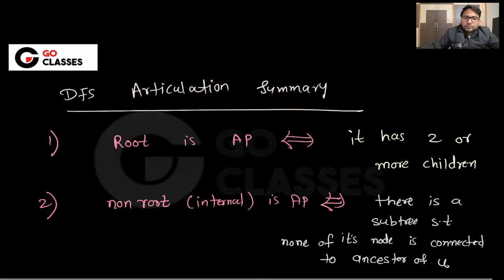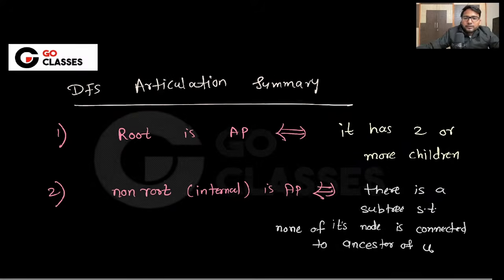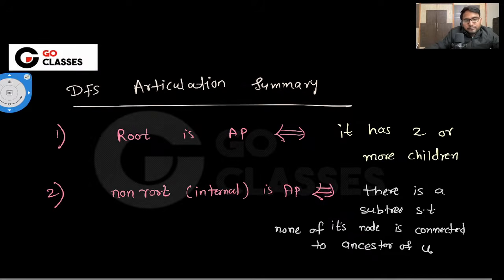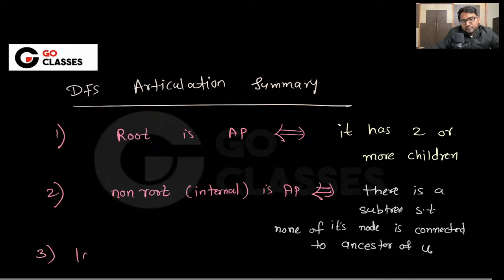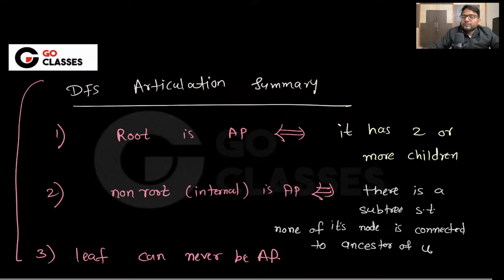What is the third? Leaf. What about the leaf? A leaf can never be an articulation point, right?